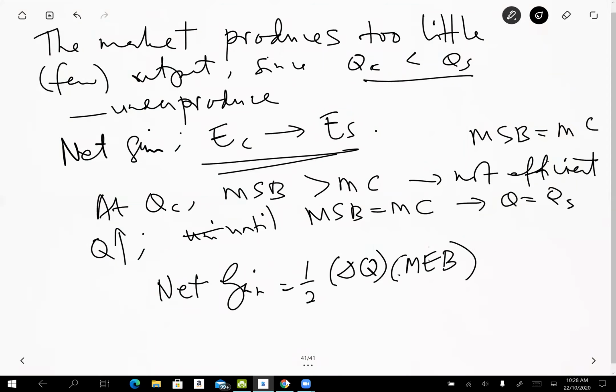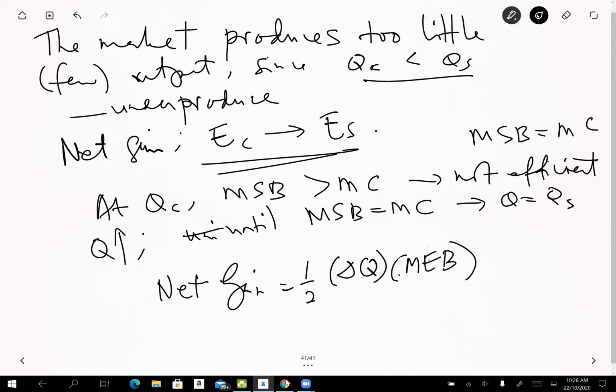Okay, so if you look at this diagram, what is the MEB? What is the marginal external benefit? The marginal external benefit is equal to, is it written somewhere? The marginal external benefit is equal to 20, correct?